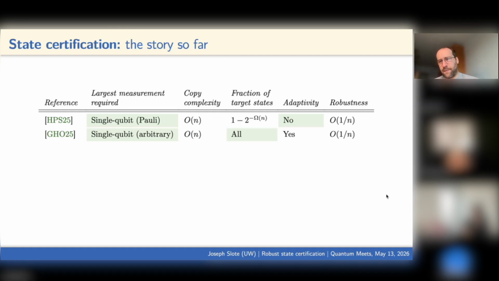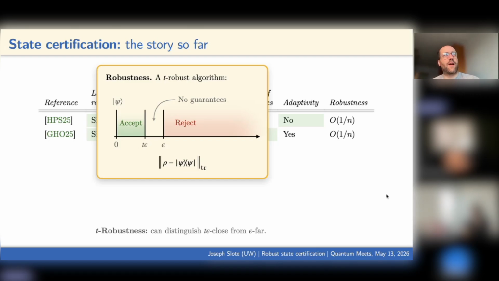But both of these protocols lack something called robustness. Let me just say what robustness is. Normally when you're certifying states, the most standard thing is you want to answer the question: am I equal to the thing I want to be, or am I far from it? A robust protocol instead says, am I close to the thing I want to be, or am I far?